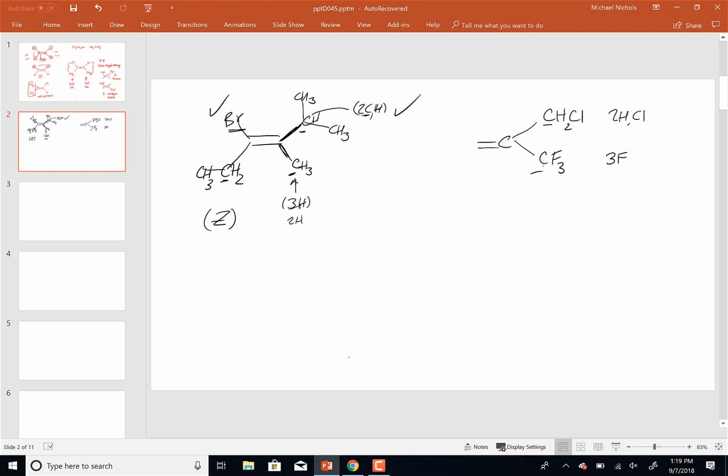There are two isotopes that we use in organic: H1 and H2, the hydrogen with mass of 2. The hydrogen with mass of 3 is tritium, that's radioactive, and we don't really use that. We use a hydrogen of mass 2 a lot. That hydrogen of mass 2 is called deuterium.